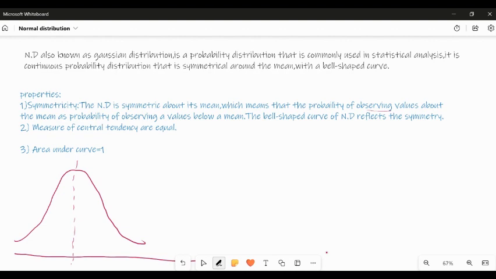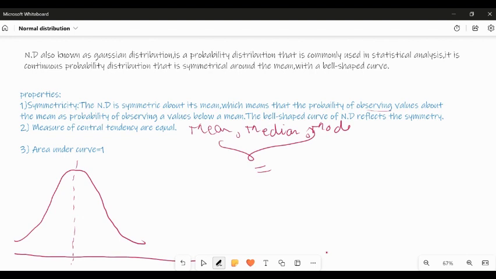And the second property is that the measures of central tendency are equal. Central tendency is nothing but mean, median, and mode. In the normal distribution these three will be equal. If they are equal, then only it's called a normal distribution, and vice versa. In the coming videos we will come across skewness, positive and negative skewness.